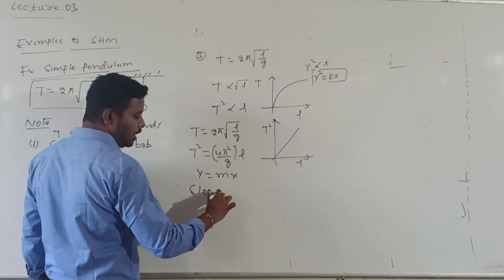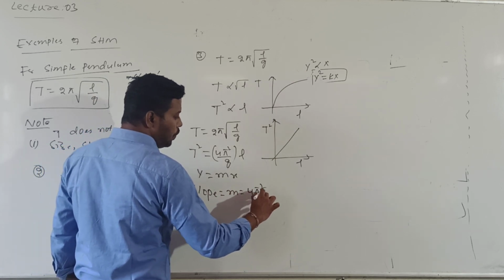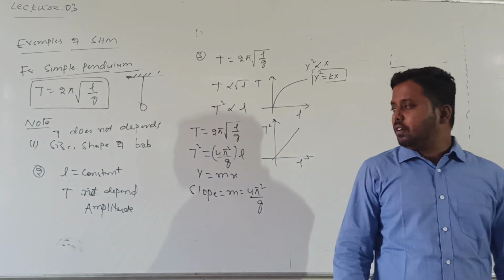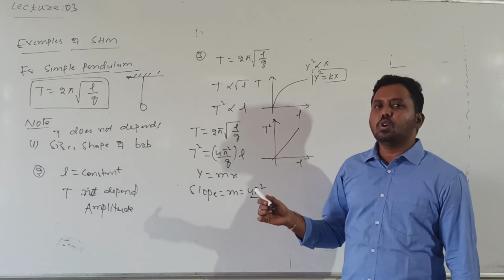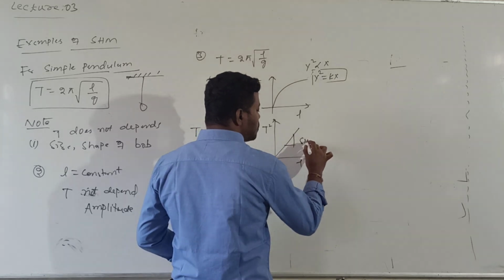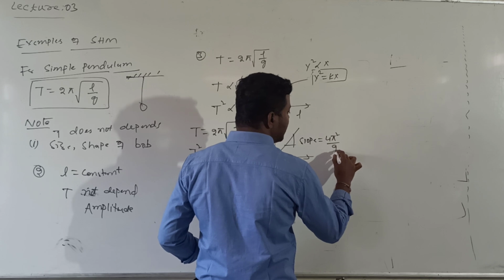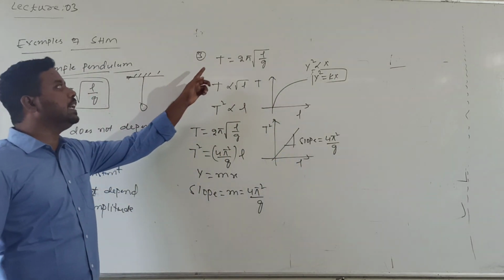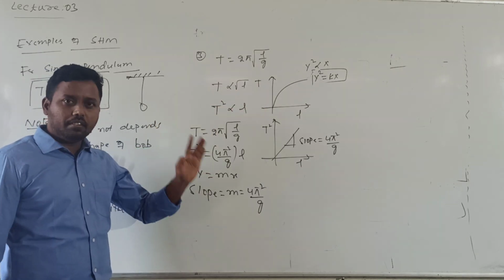What is the slope value given by? Slope is equal to m, which is given by 4 pi square by g. So the slope of this graph is 4 pi square by g. Okay now? That is the graph drawn between T and L, and T square and L.